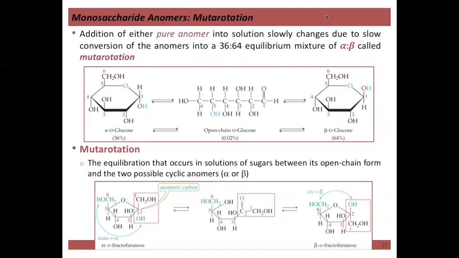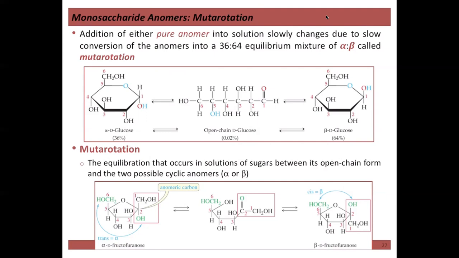So the fact that we get a little bit more of the beta glucose means that it is slightly more stable. Now, if I happen to isolate or go and buy pure beta D glucose, I went to the store and said, just give me some beta D glucose. And then I dissolved it in water and was trying to eat it because I heard it cures coronavirus, I would be in trouble. First of all, probably because it doesn't cure coronavirus.